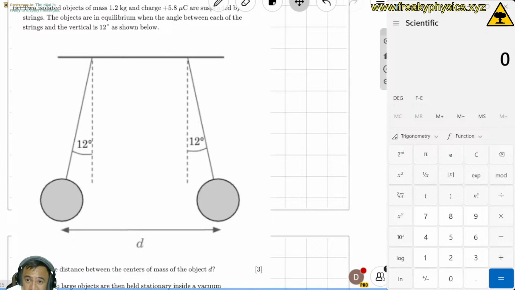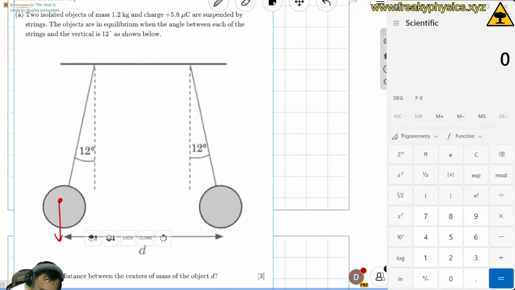Okay, let's start with the solution here. First of all, let's identify the forces on one of those charges, because they're all identical anyway. We can just do it for one mass. Let's do the one on the left. There's going to be a mass m, so therefore it's got a weight mg.